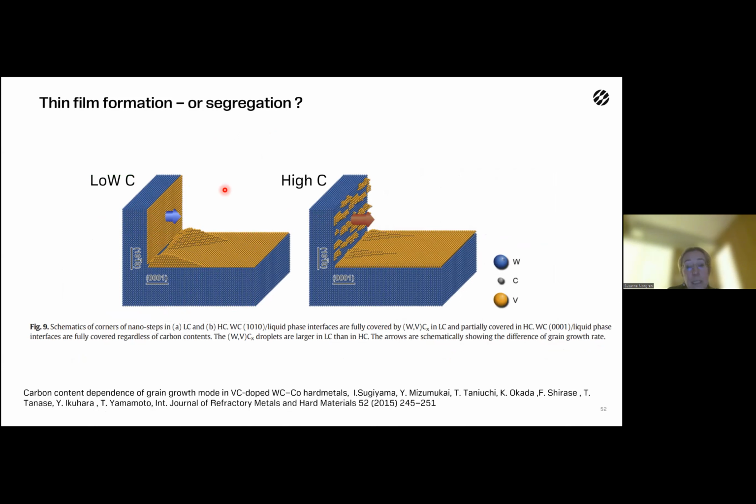So they think that at low carbon you will have a layer on the basal plane and on the prismatic plane, while at high carbon contents you will have a layer hindering the growth of the basal plane, but on the prismatic plane you will have segregation of vanadium, which then would lead to different shapes of the tungsten carbide crystal depending on if you are at low or high carbon, also for vanadium.